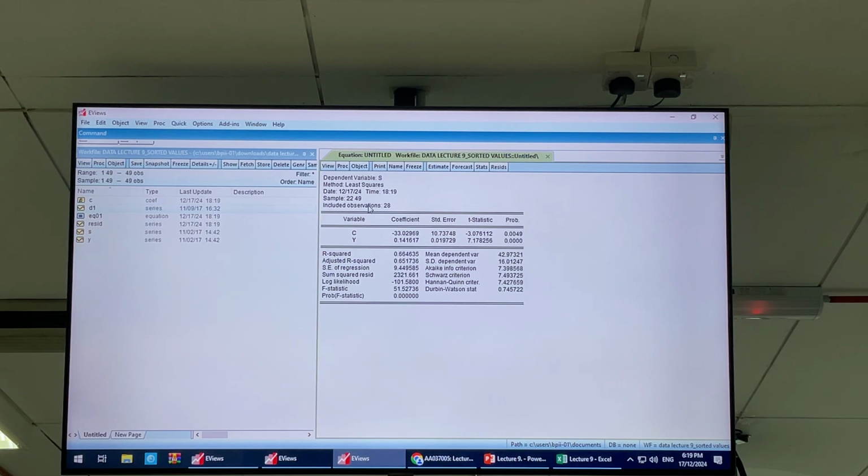So if we estimate for the case of female only, we have for every RM1, 14 cents goes to saving. So you see the difference. So that shows the need for us to consider the fact that different genders behave differently. So we can assume they behave the same in terms of the way that they save their money.